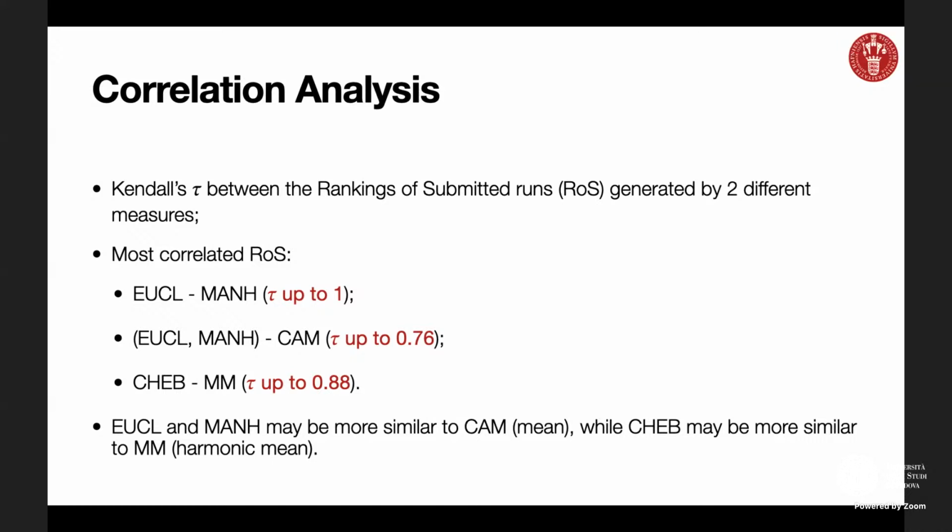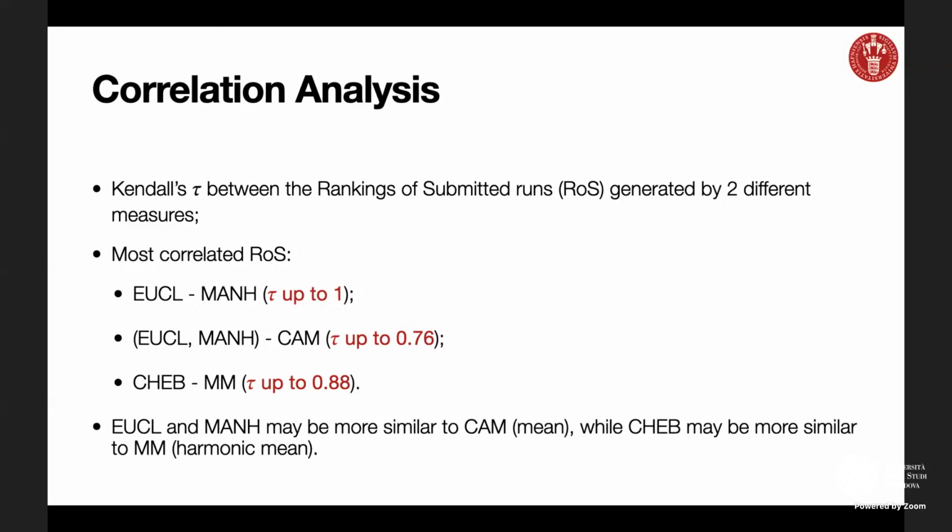When we compared with state of the art, what we saw is that using Euclidean or Manhattan distance resulted in some sort of high correlation, but again, it's not the same as the average. While the Chebyshev distance is more similar to the harmonic average.